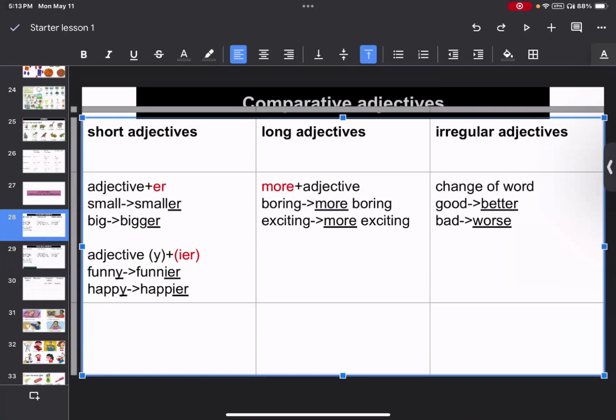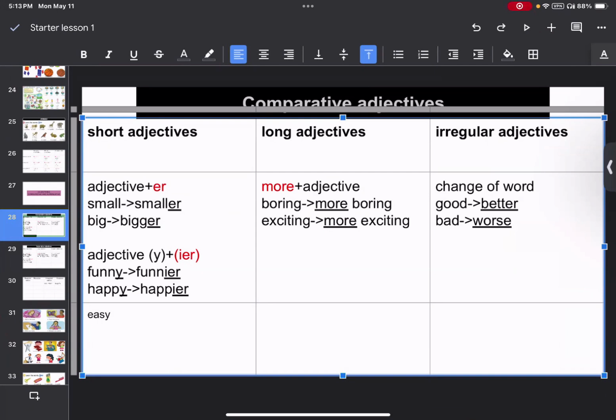Okay, so here we had exciting. So exciting belongs where? We already have exciting as a long adjective. Then the next adjective was easy. Which one does it belong to, the short or the long one? The short. So we have easy.